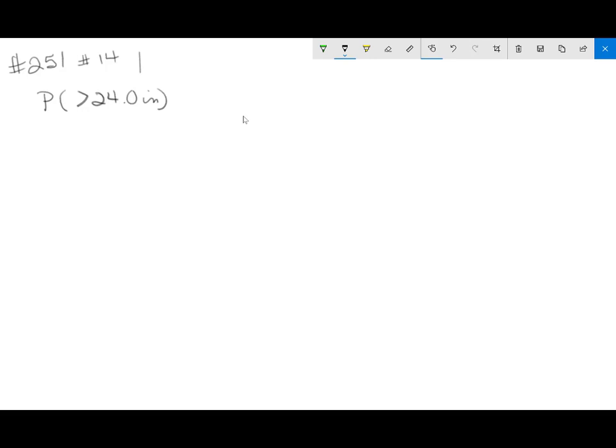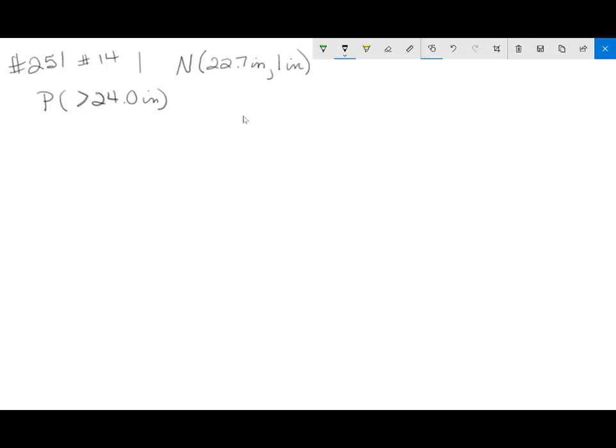If we look at the directions for the section, we have data for the back to knee length for males and females, and the distributions are both normal. For females, it's a normal distribution with a mean of 22.7 inches and a standard deviation of 1 inch.